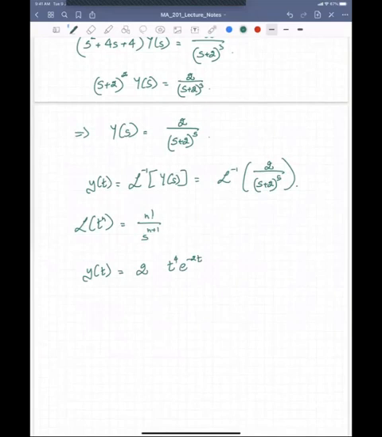Right? But if I didn't have this factor, I should have a 4 factorial floating around. Since I don't have a 4 factorial floating around, I should divide by 4 factorial. In other words, all I'm saying is that L of t to the 4 e to the minus 2t is 4 factorial divided by (s plus 2) to the 5. Okay.